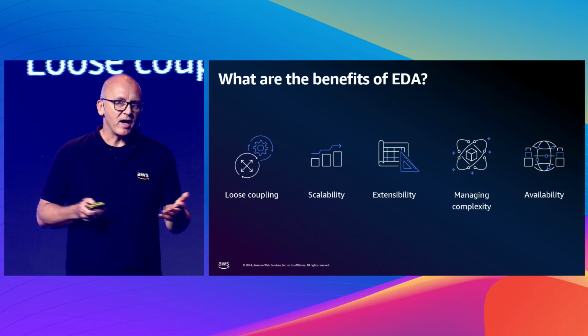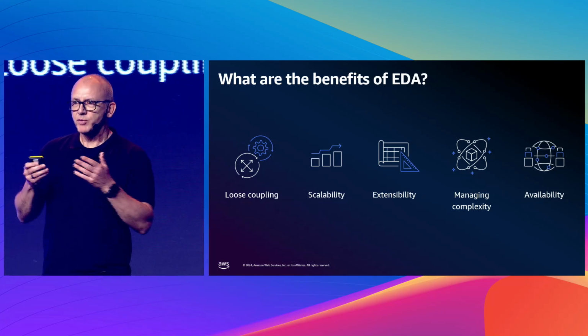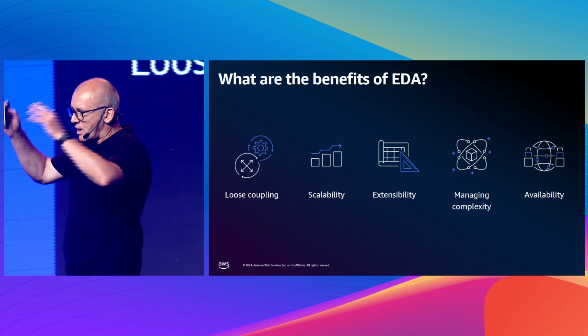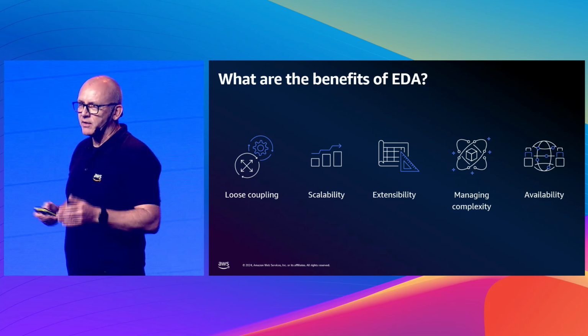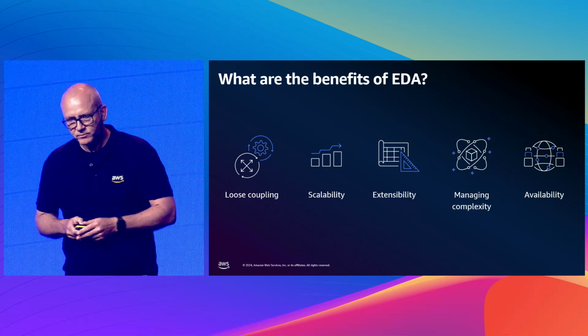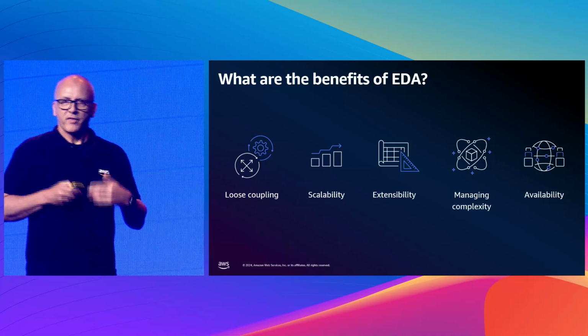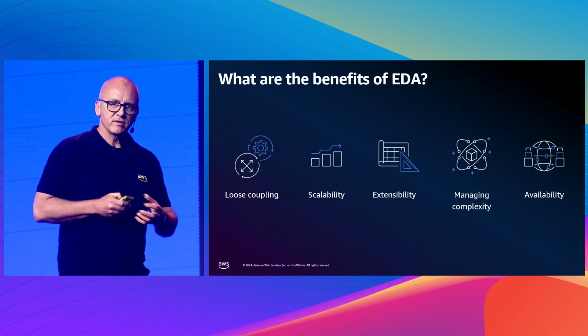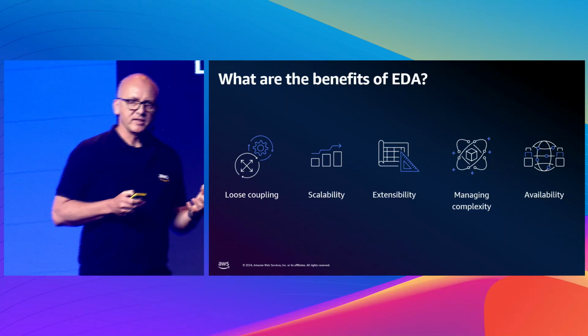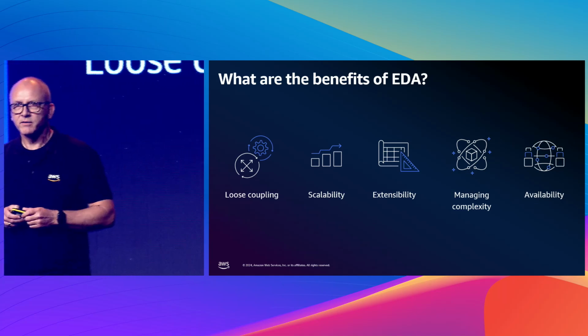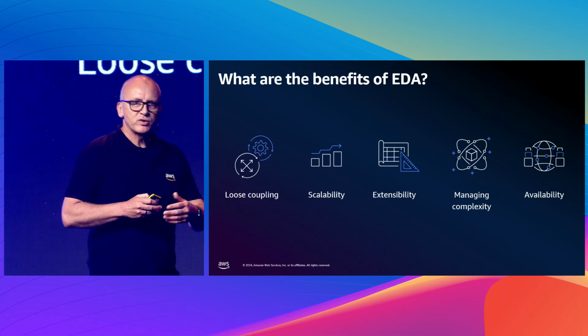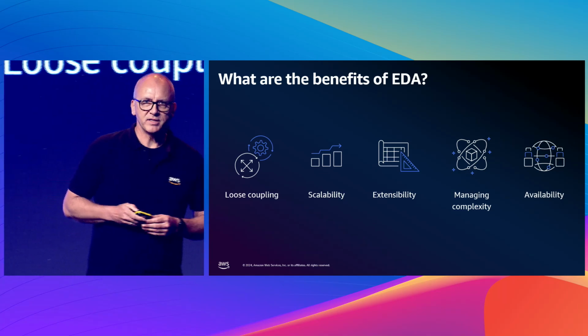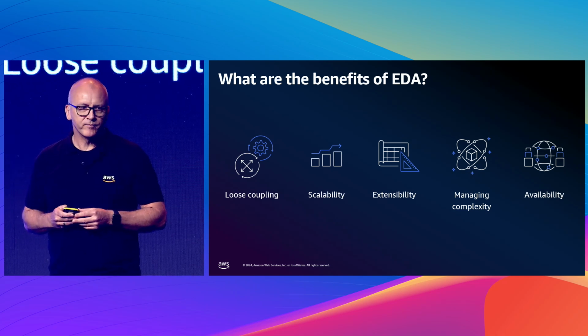And why do you apply the divide and conquer principle? Because you want to cut down a complex thing into smaller things that are easier to manage. And last but not least, the way how you integrate these systems in your event-driven architecture, and we will see that in a bit, it allows you to increase the overall availability of your application.